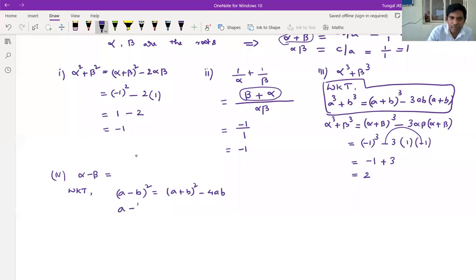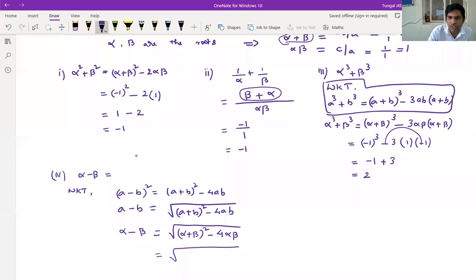From this, a minus b is equal to, what can you write? Nothing but root of a plus b whole square minus 4ab. So using this formula, alpha minus beta, from the above formula, how can you write? Nothing but root of alpha plus beta whole square minus 4 alpha into beta. Like that you can write.